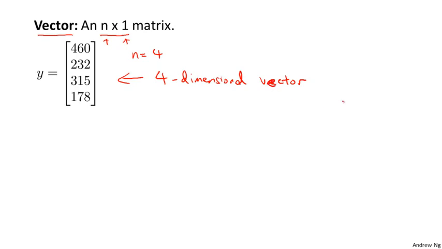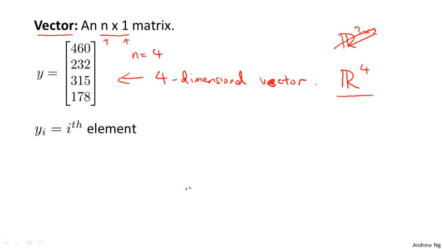And just as earlier for matrices, you saw notation like R3 by 2 to refer to 3 by 2 matrices. For this vector, we're going to refer to it as a vector in the set R4. So this R4 just means the set of all 4-dimensional vectors. Next, let's talk about how to refer to elements of the vector. We're going to use the notation yi to refer to the ith element of the vector y.